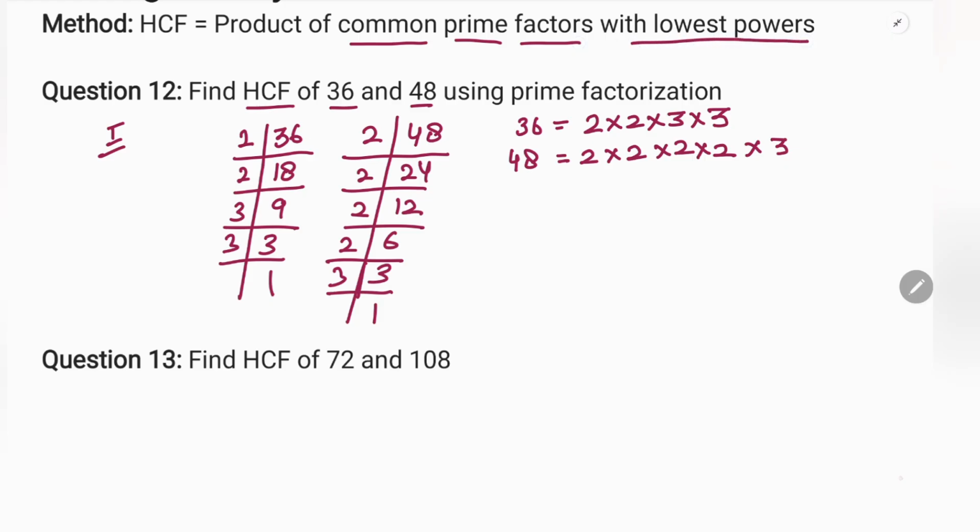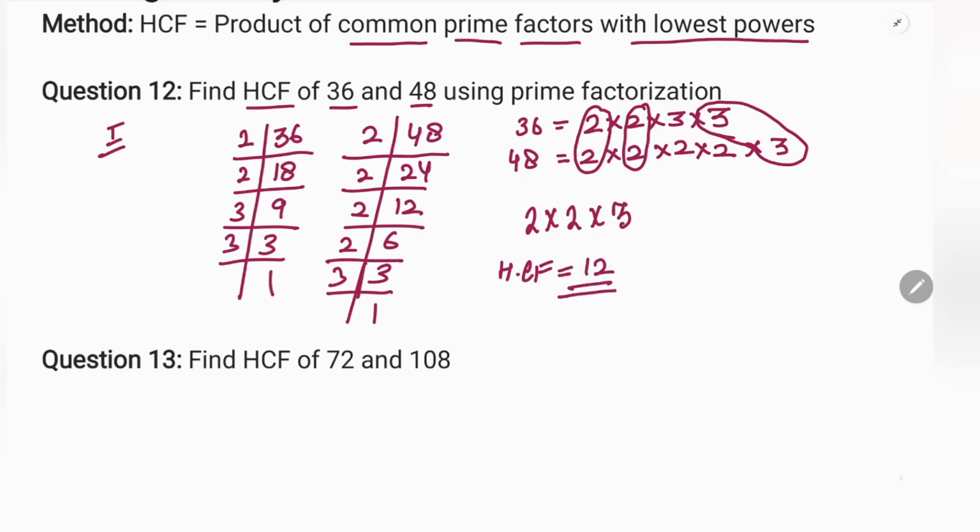This is common, this is common, and one 3 is common, right? Do we have any other common? No. So common are 2 times 2 times 3. So what is HCF? Highest common factor is 2 times 2 is 4, times 3, 12. So 12 is the highest common factor.